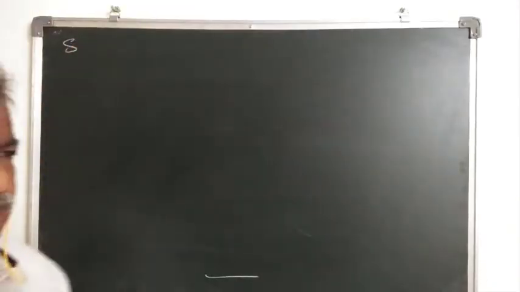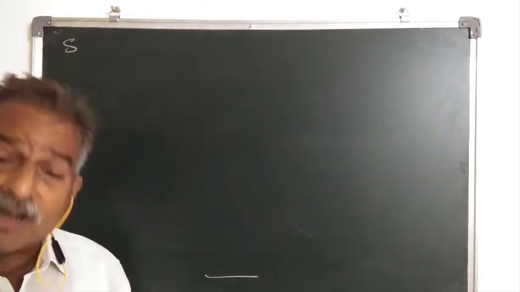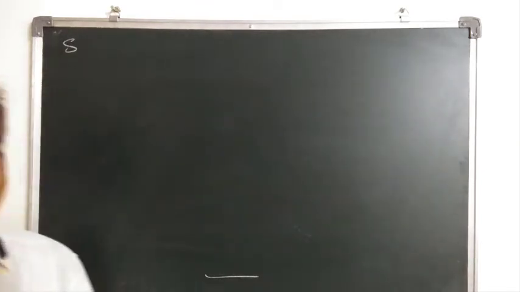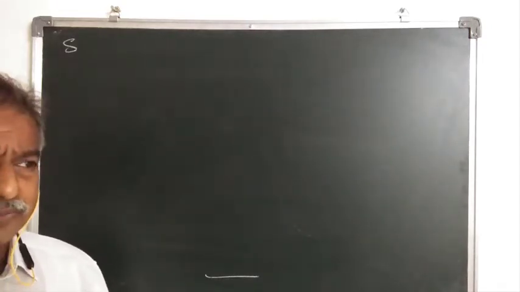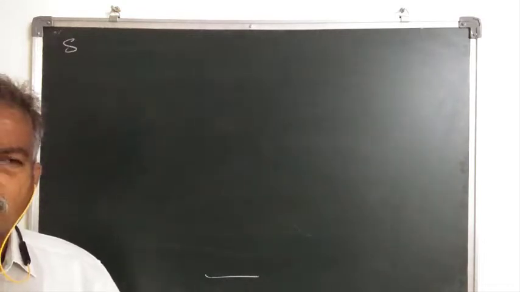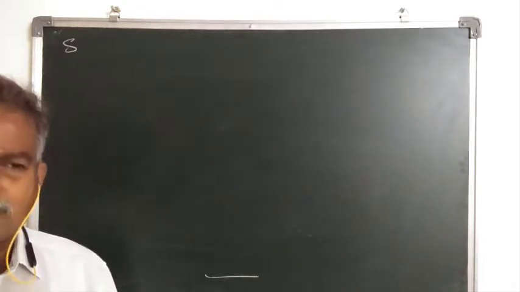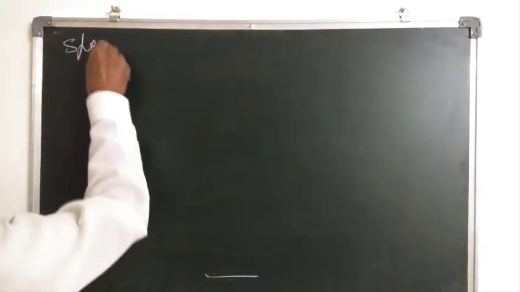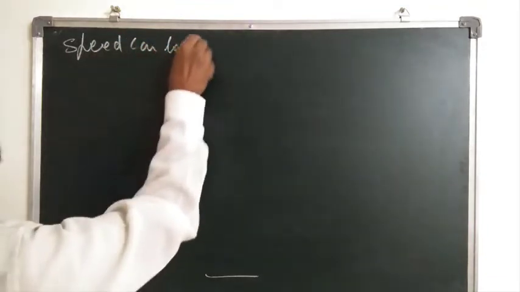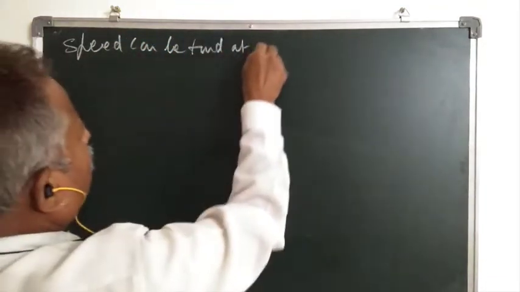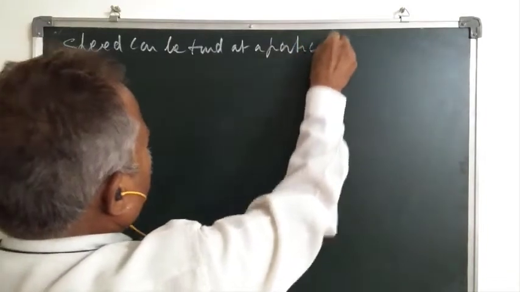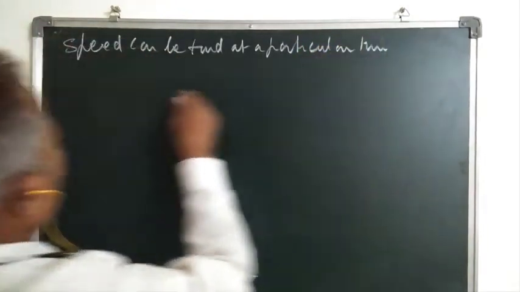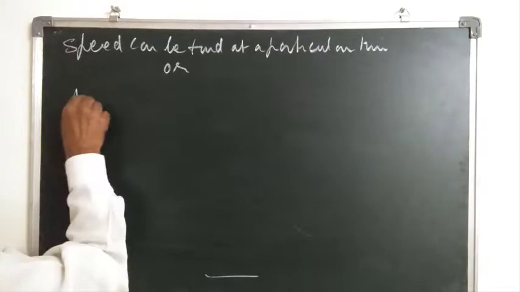Speed of a car or speed of a vehicle cannot be constant. The reason, whenever a vehicle is on the road, the speed cannot be constant because of the traffic obstructions or speed breakers or any reason. So, speed can be found at a particular time or average speed.